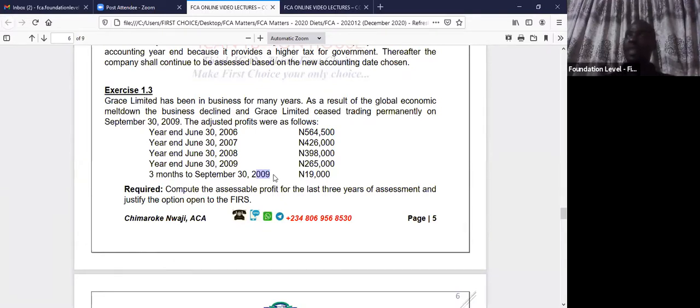So when the business has ended, the law says, normally the penultimate must have been done on preceding year basis. The law says, when your business ends, go to your penultimate year and do it on preceding year basis normally, which is what you must have normally done. Then go back again and do it based on actual year basis. So let me illustrate it here.